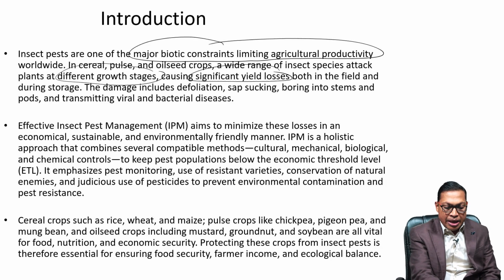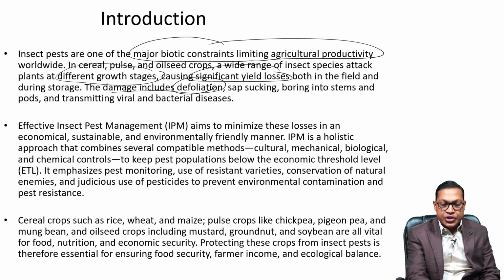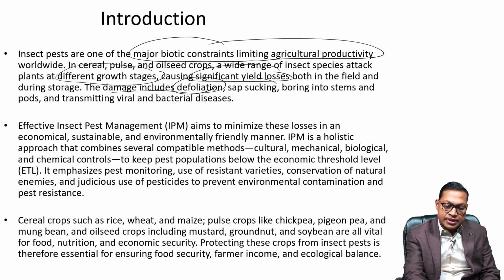The damage includes defoliation, meaning the rupturing or damaging of the leaf portion that is responsible for photosynthesis in the crops. Then there is sucking of sap, the liquid portion present in the form of cell sap, which is absorbed by different types of aphids or other pests.